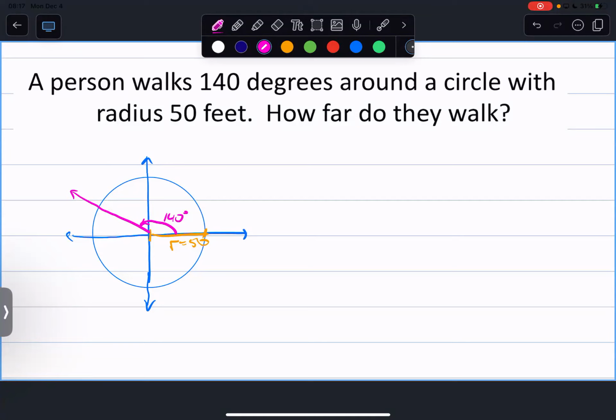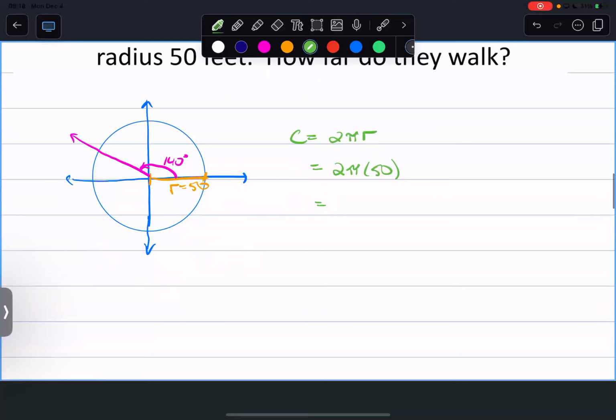We can find the total circumference. And then what can we do? We can take only 140 out of 360 of that circumference. C is 2 pi r, which is 2 pi times 50, which is 100 pi.